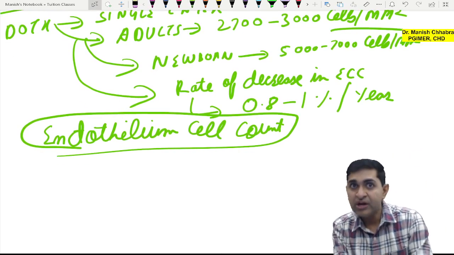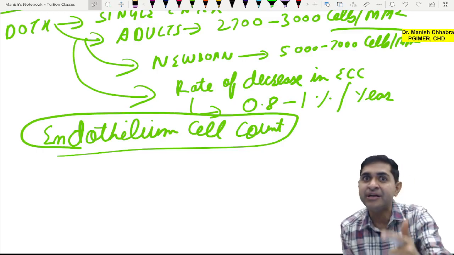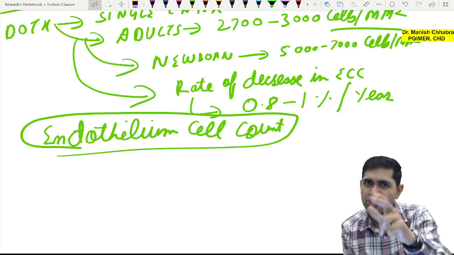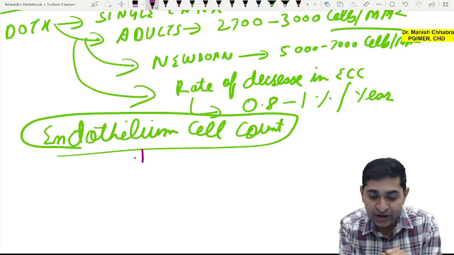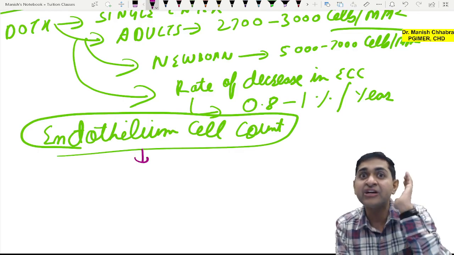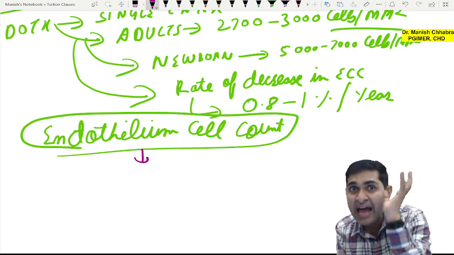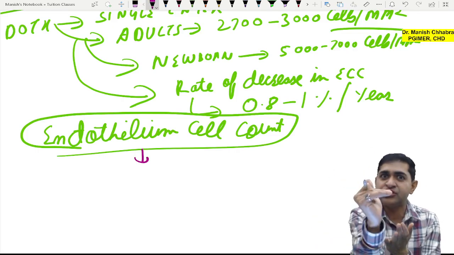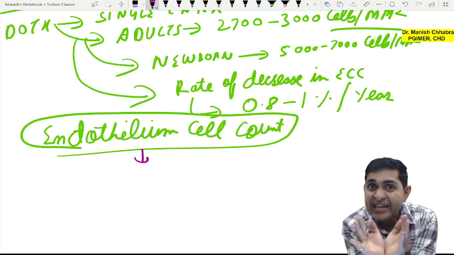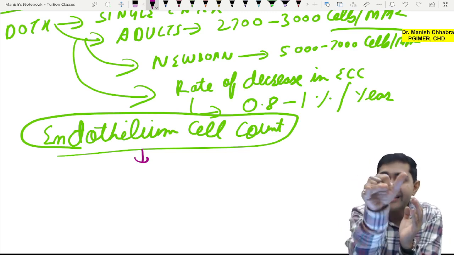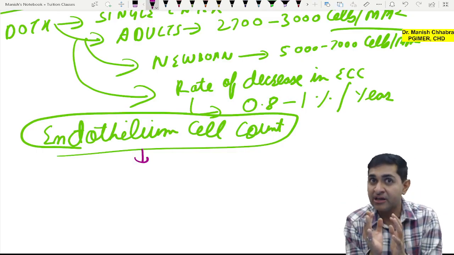Okay, now these endothelium cells, as I told you, are important in maintaining transparency of the cornea because they have got sodium potassium pumps. Now these endothelium cells have a critical density. Critical density is that density under which they will not be able to effectively throw 3 sodiums into the anterior chamber and take 2 potassiums inside the cornea.